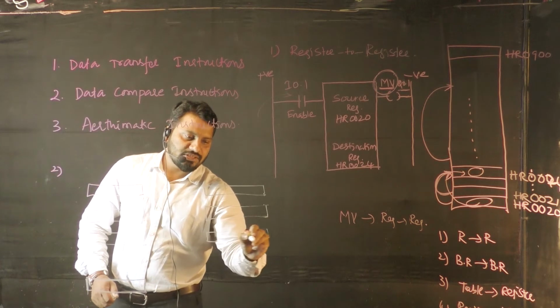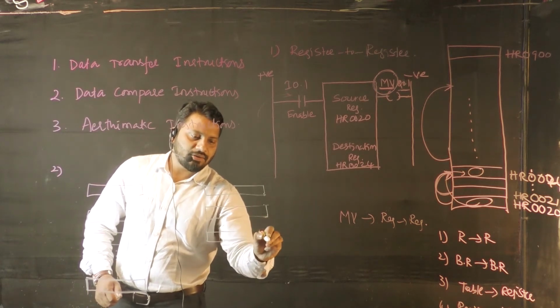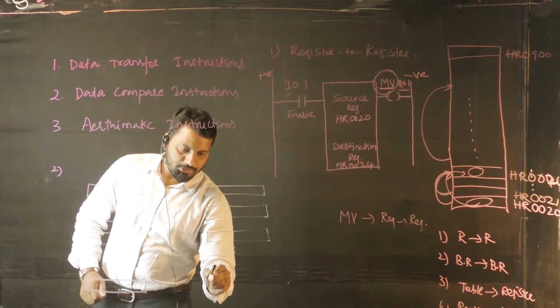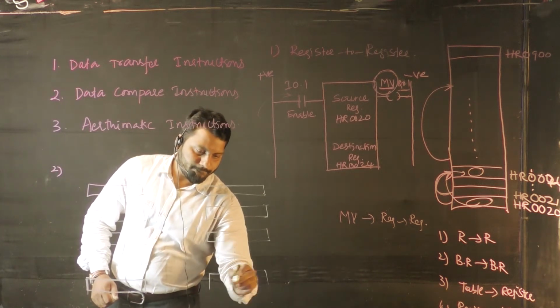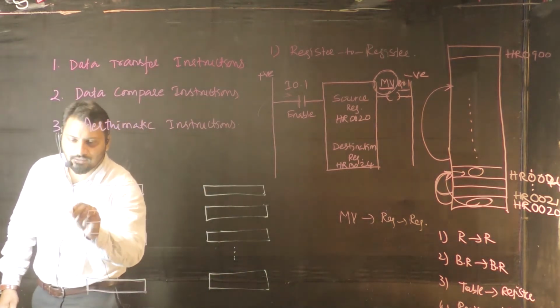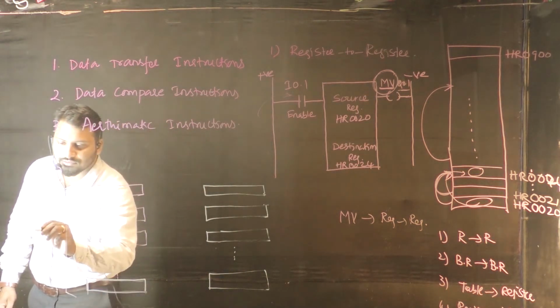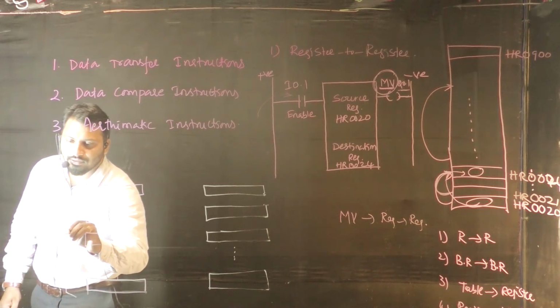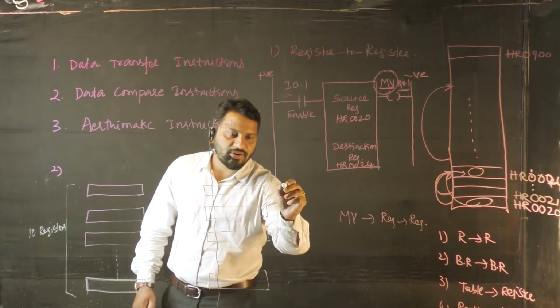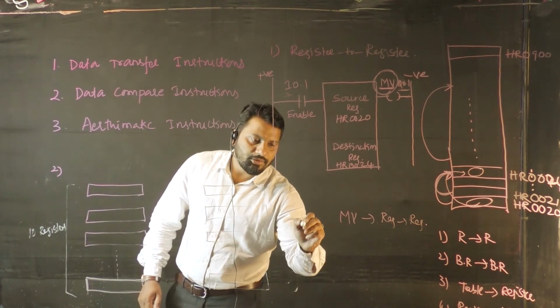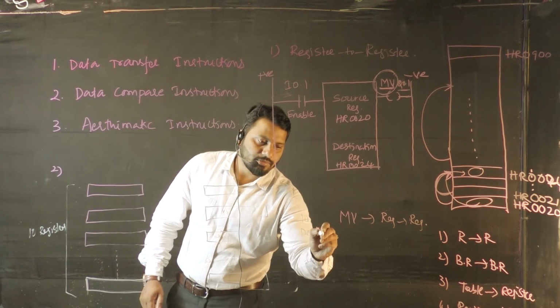Ten other sequential registers. How many registers are there? These are 10 registers, and the destination also has 10 registers, 10 destination registers.